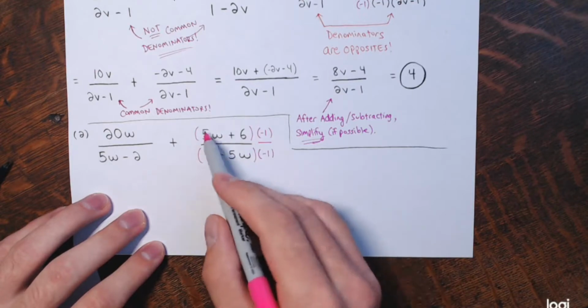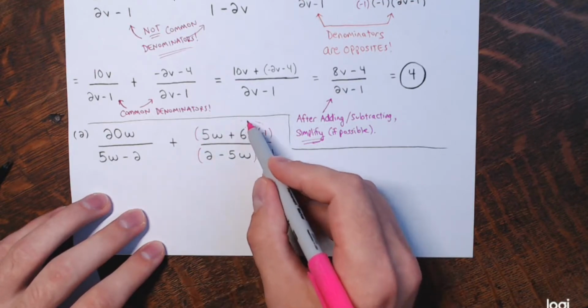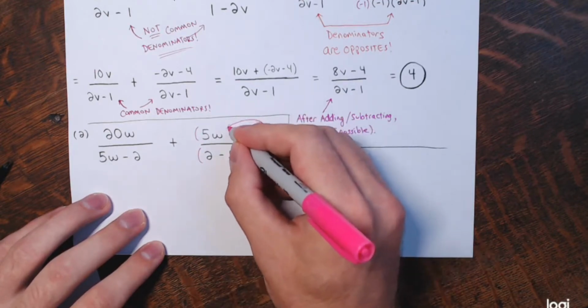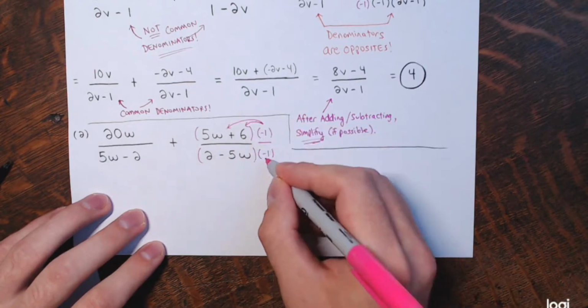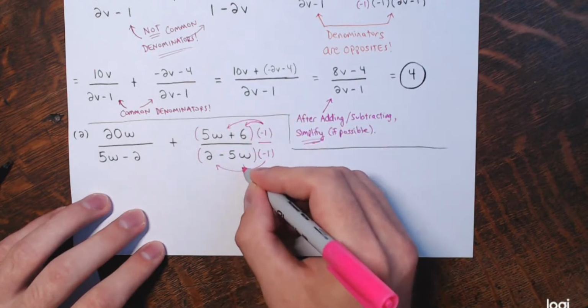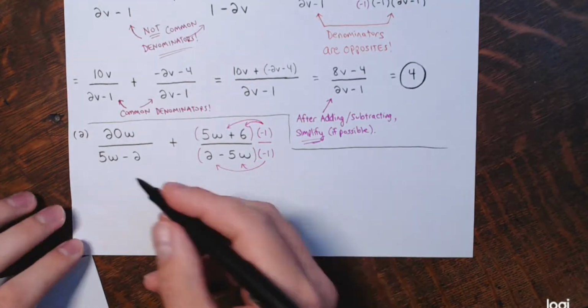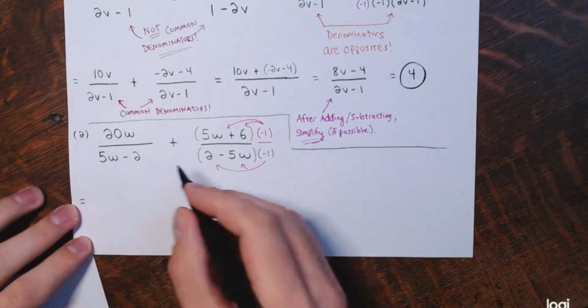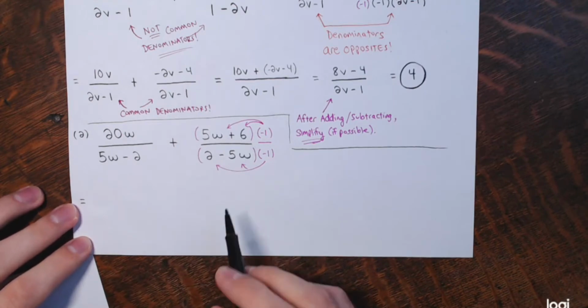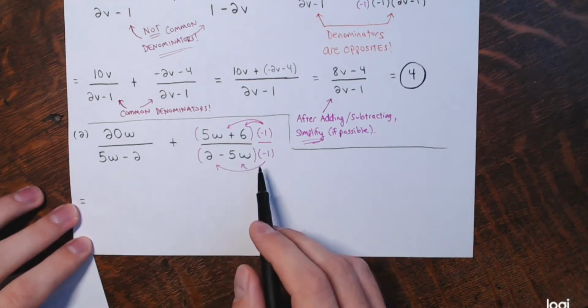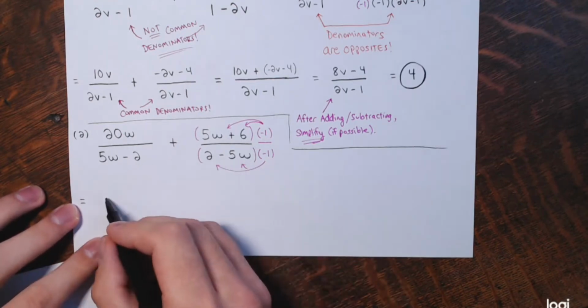And don't forget that we're distributing here. There are multiple terms. We're multiplying the entire numerator, the entire denominator, by negative 1. And after doing this, since the denominators were opposites, after this multiplication by negative 1, the denominators will be the same.